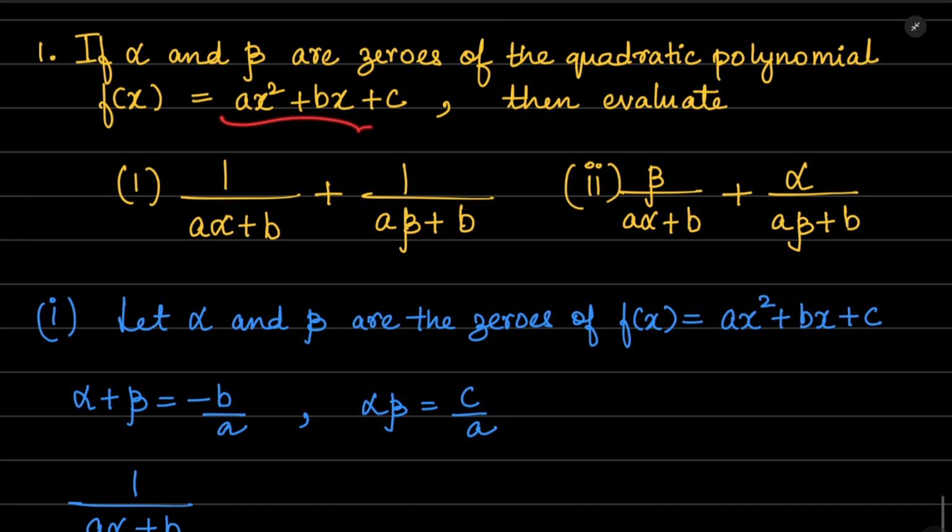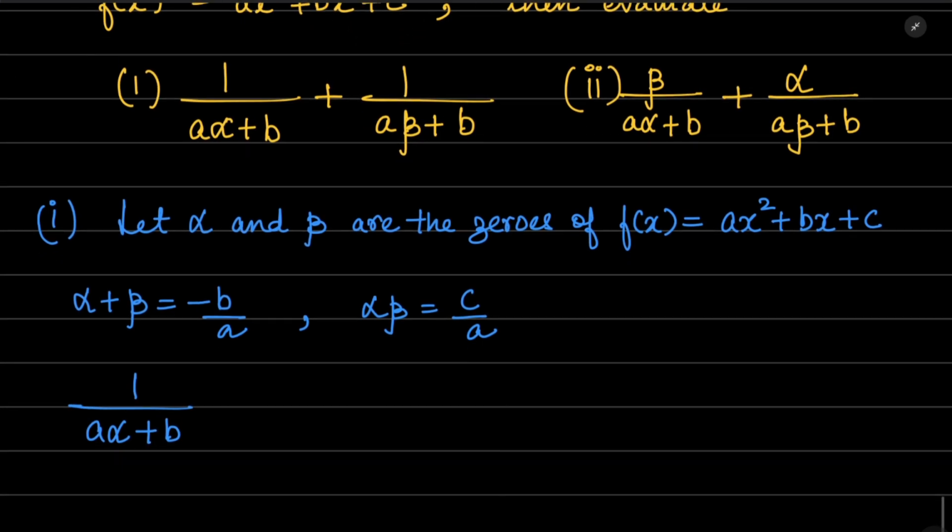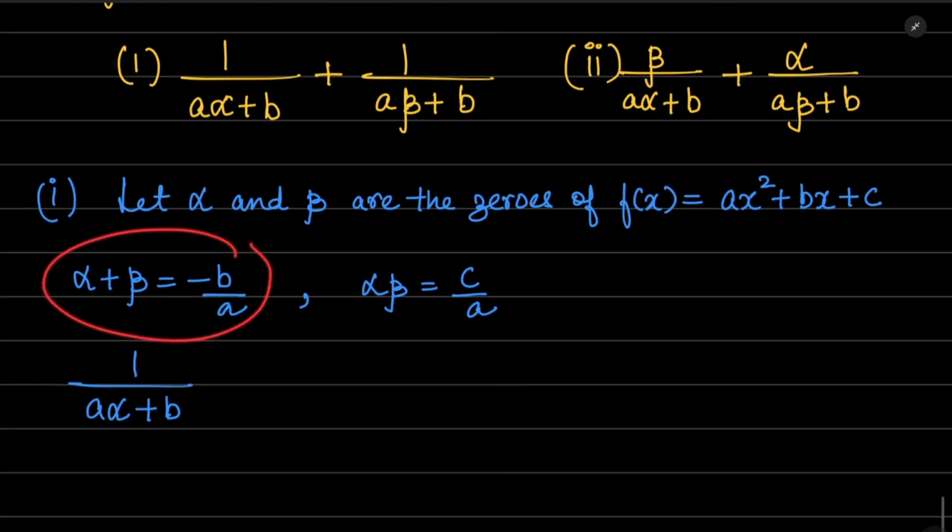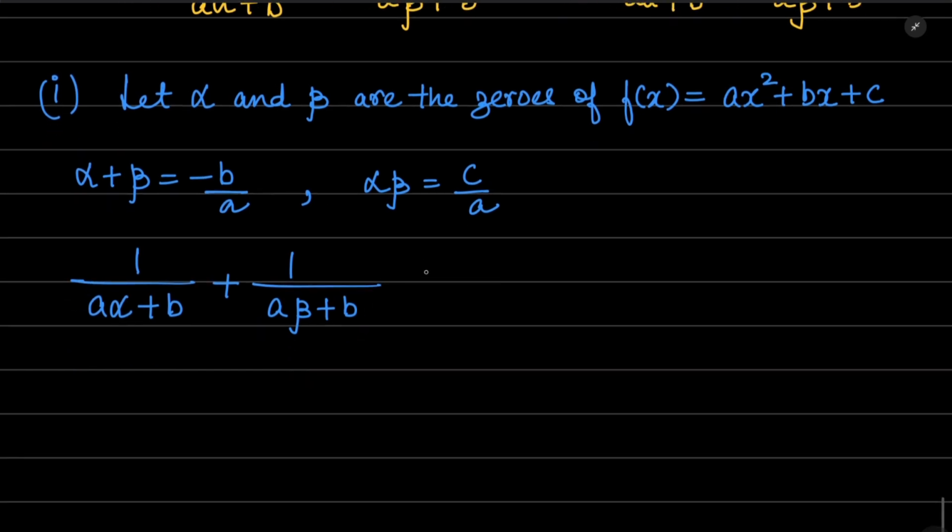Okay, so using this quadratic polynomial, first of all we have found the sum of the zeros and then the product of the zeros, and now we are evaluating or simplifying this. So 1 by a alpha plus b plus 1 whole divided by a beta plus b is the question. The very first thing is take the LCM.